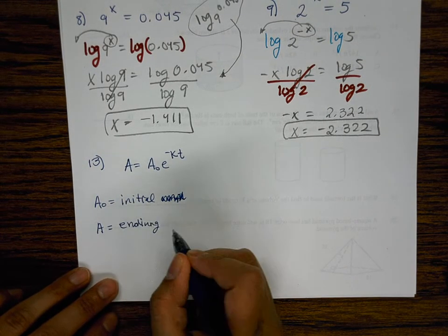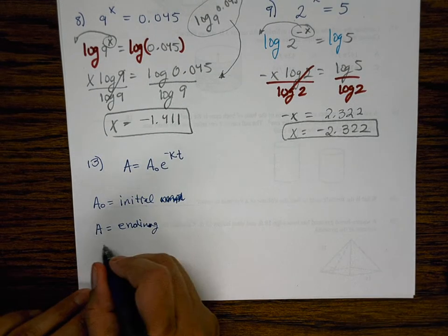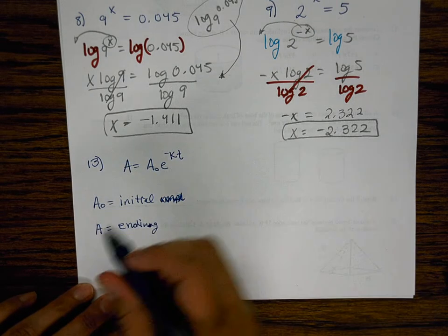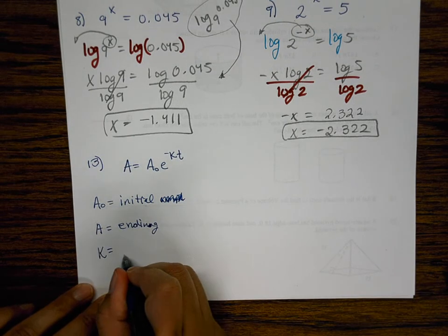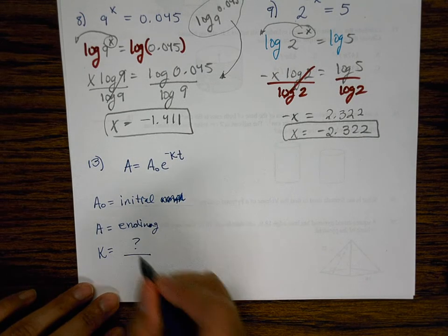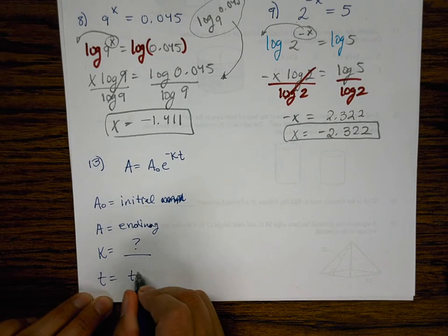It's the amount after a certain amount of time has passed. And E is just a number in your calculator. K is what we're looking for in this problem, because it asked to find the constant K. We don't know what the constant K is. And T is the amount of time that has passed.